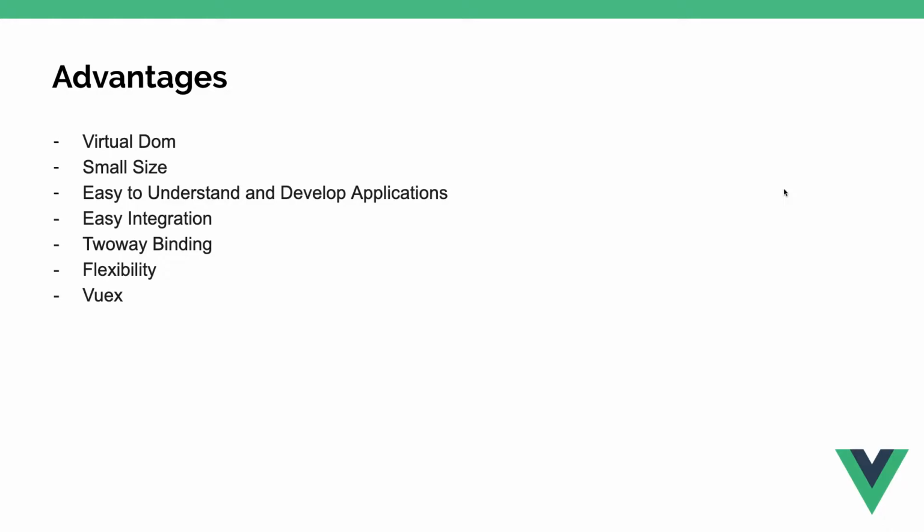That's right, and it's easy to integrate and easy to code compared to Angular. That's why most developers, I can't say all, but most developers who like to work in a smart way, writing simple things instead of lots of code, are migrating to Vue. Vue has two-way data binding and framework flexibility.